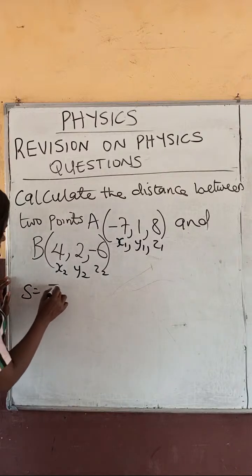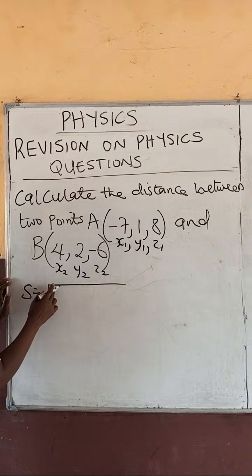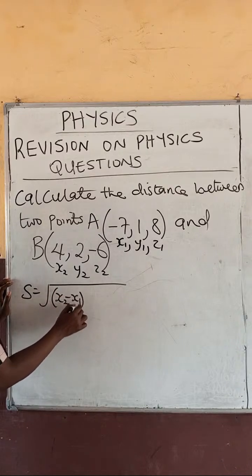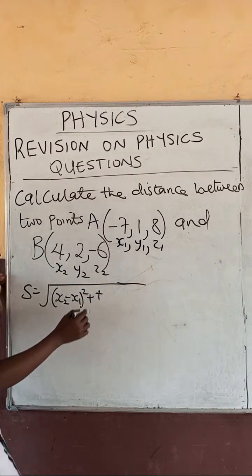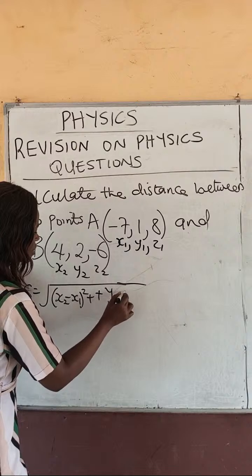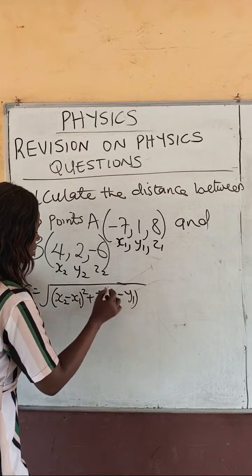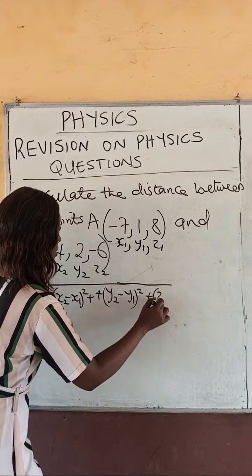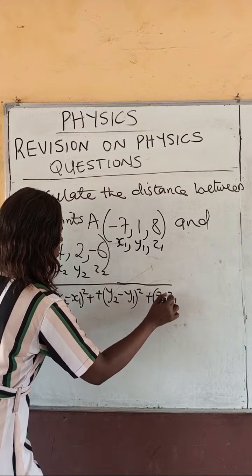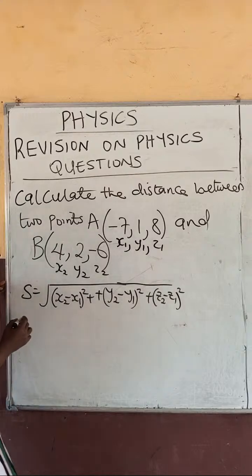So I have x is equals to the root of x2 minus x1 all squared plus y2 minus y1 all squared plus z2 minus z1 all squared.